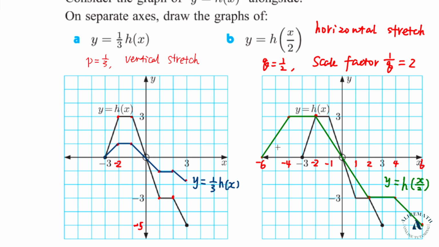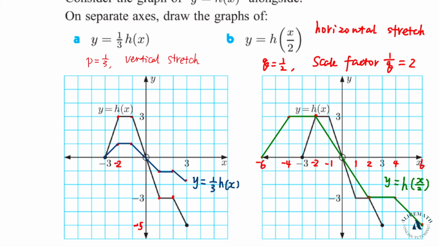So you look here: the green one is the horizontal stretch of the black one. And in the first graph, the blue one is the vertical stretch of the black one, because here the scale factor is 1/3. So you see it seems like a compression, right? A compression.